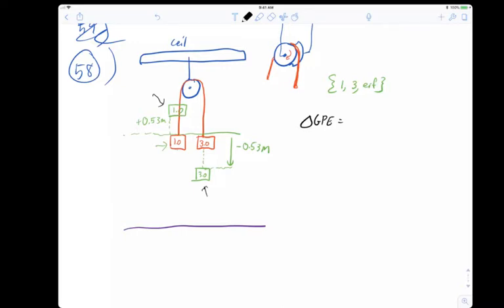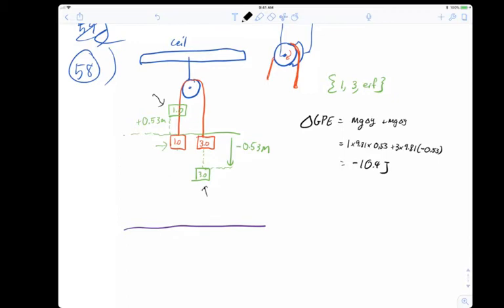So, mg delta y plus mg delta y of the two different objects. So the first one's 1 times 9.81 times 0.53, and the other is 3 times 9.81 times minus 0.53. So the gravitational potential energy is changed by minus 10.4 joules.